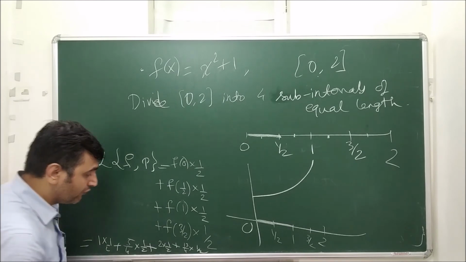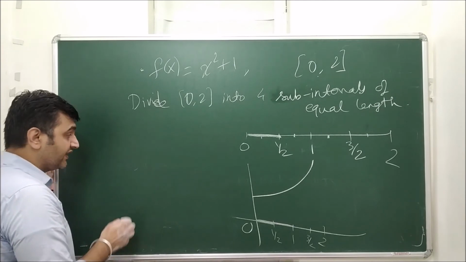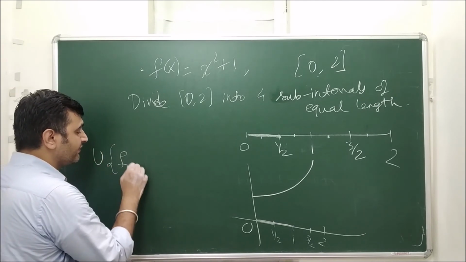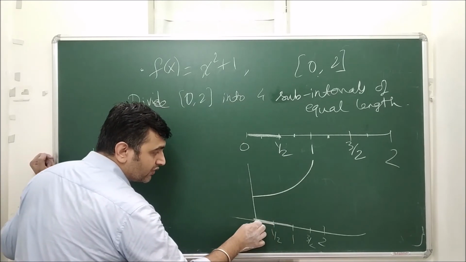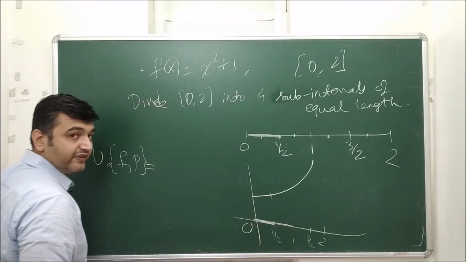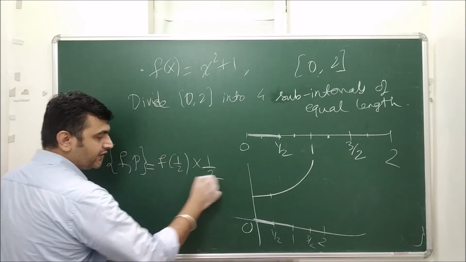For UFP, what will you do? Your job is to tell me the answer for LFP. The second thing, you have to tell me what is UFP. Over this subinterval, you look for the point where the function is taking maximum value. So it is f of 1/2 into the length of the subinterval.